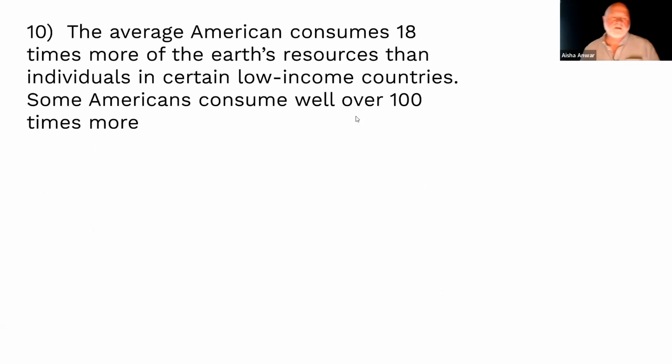The average American consumed 18 times more resources than individuals in certain low-income countries. So some consume well over 100, some well over 200. As a justice issue, first off, there are plenty of people in the US, amazingly, who produce fewer greenhouse gas emissions than people in some low to moderate income countries. So it's widely divergent who's actually causing this problem.